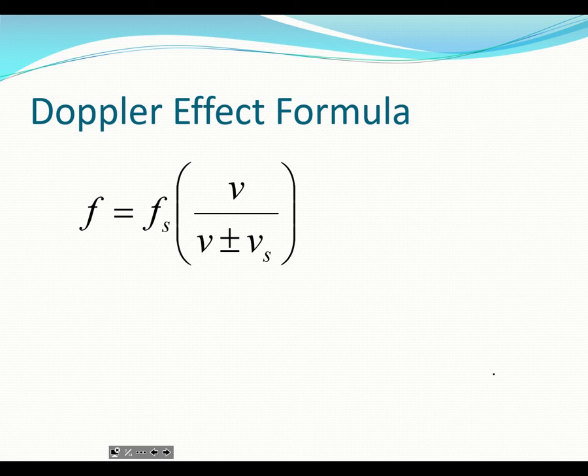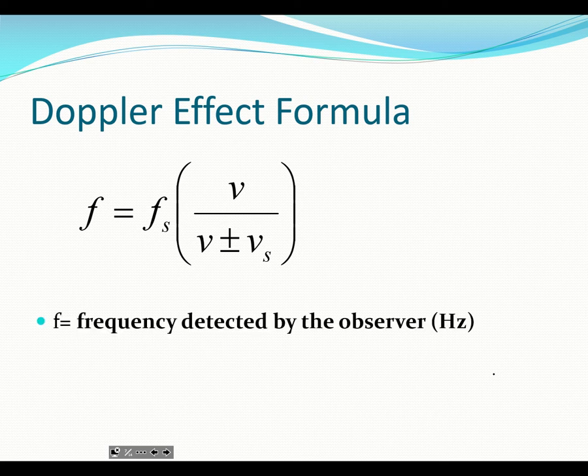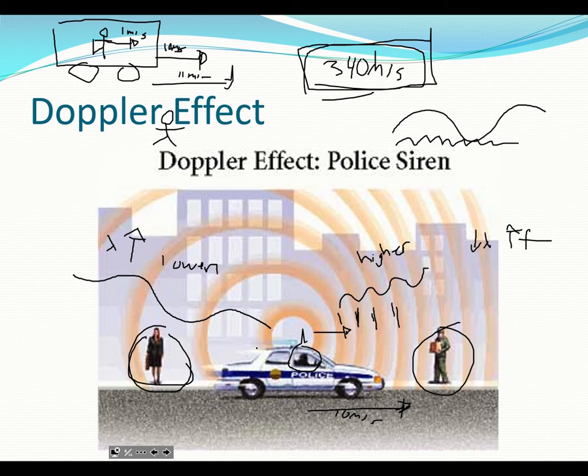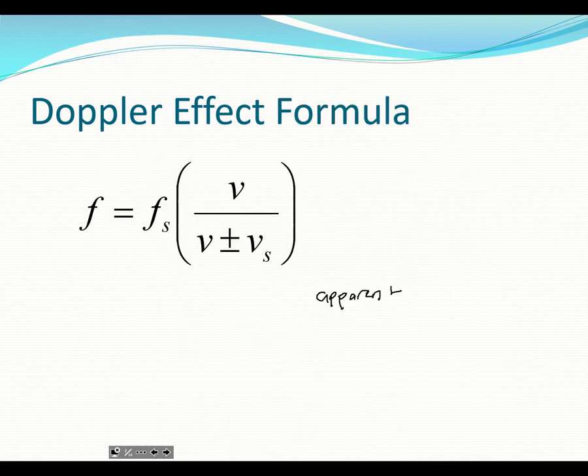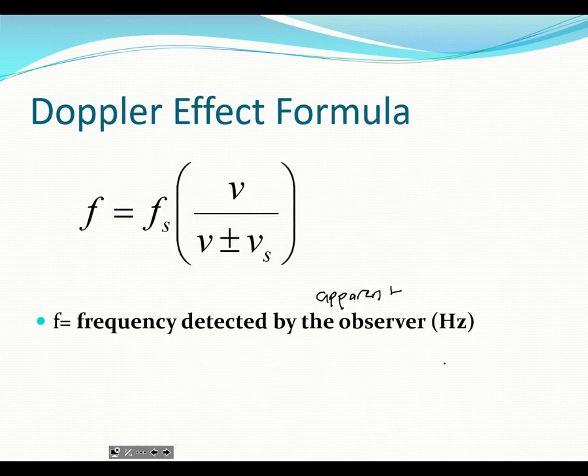So this is our formula for doing the Doppler effect, and this is probably the most confusing formula that we do all year. So F is the frequency detected by our observer. So this is what we call our apparent frequency. This is the frequency that these people hear. Okay, so our apparent frequency is F. Fs is the frequency of the source, and that's the frequency that the driver hears.